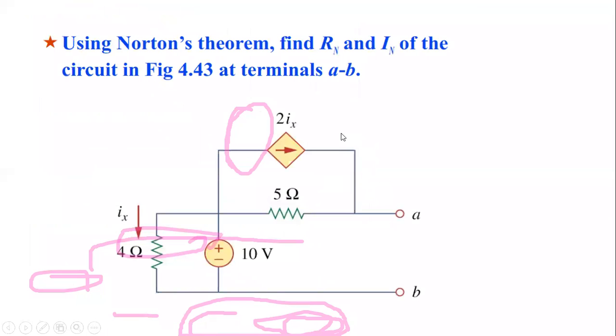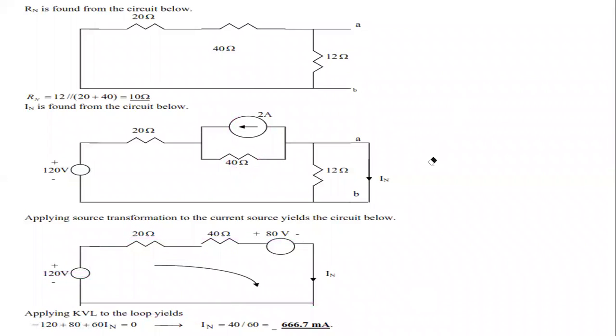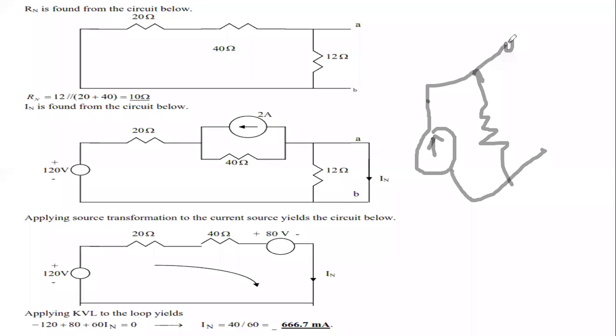So after this we are having the next question. In this question, now we are able to get the current source, whose value is 666.7 milliampere, and the resistance in parallel, and along with that I have these terminals A, B. So the circuit has been reduced to this.